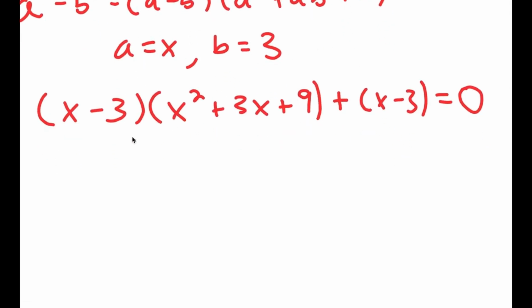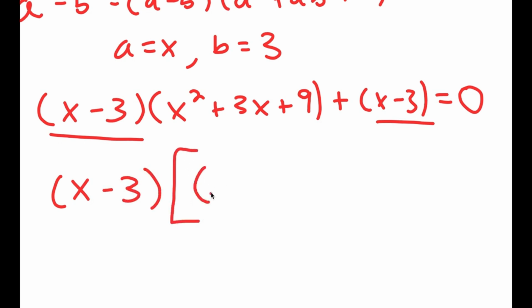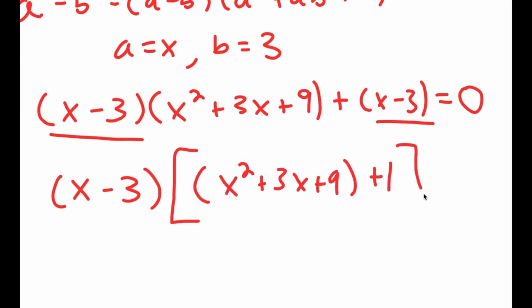Now from here, notice how both of these terms have x minus 3 in them. So what I'm going to do is factor out x minus 3. So I get x minus 3 times x squared plus 3x plus 9 plus 1 is equal to 0.